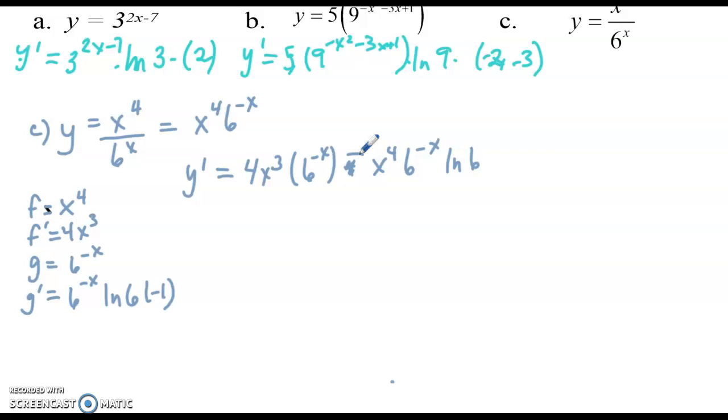Okay, then we can take some common factors. We see the common factor here, same factor. We've got a couple x's. Those are the common things. So let's write that out here. Y prime is going to equal common factor of x, 3 x's, as well as the base of 6 to the power of negative x. Don't know why that black line's there. If we remove that, for the first term we'll be left with a 4.